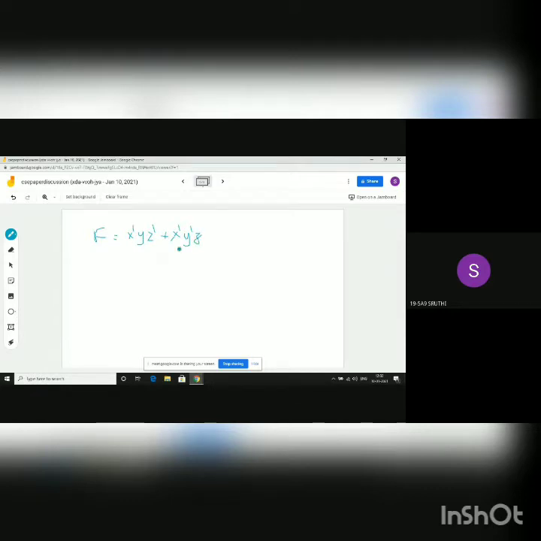So this is our given question. We need to find the complement of the whole function. Now the solution.